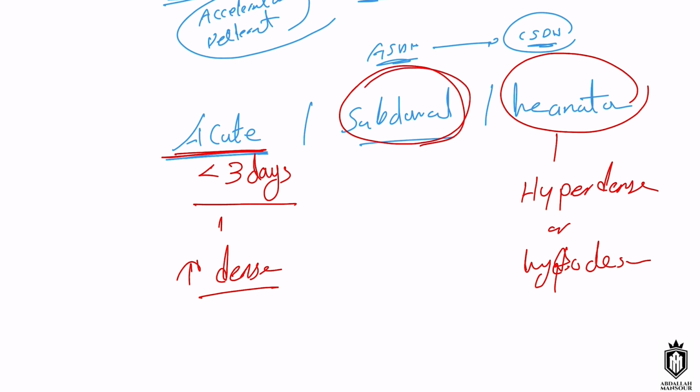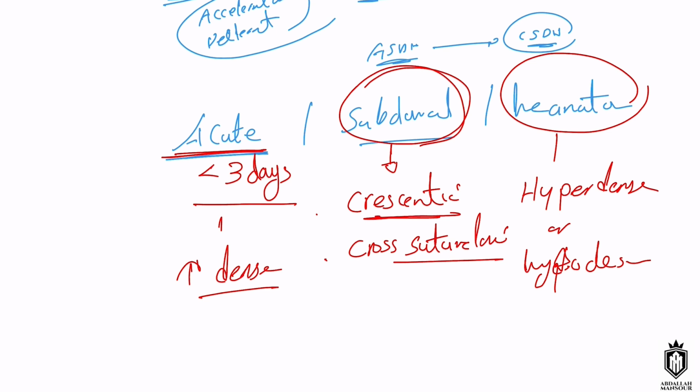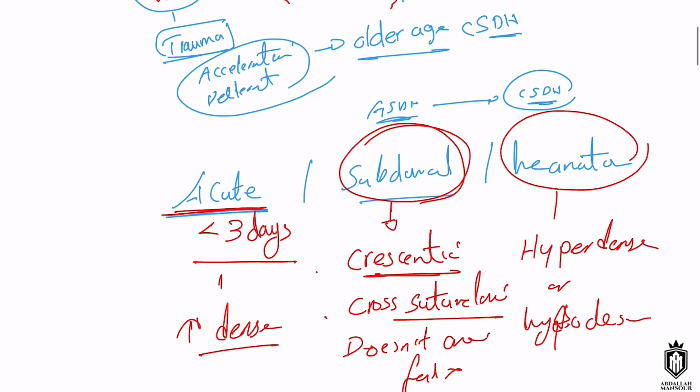It is a subdural hematoma, and to be able to understand if this is subdural or not on a CT scan, you will find that it will be crescentic in shape, and it also crosses the suture line, and it doesn't cross the falx cerebri.